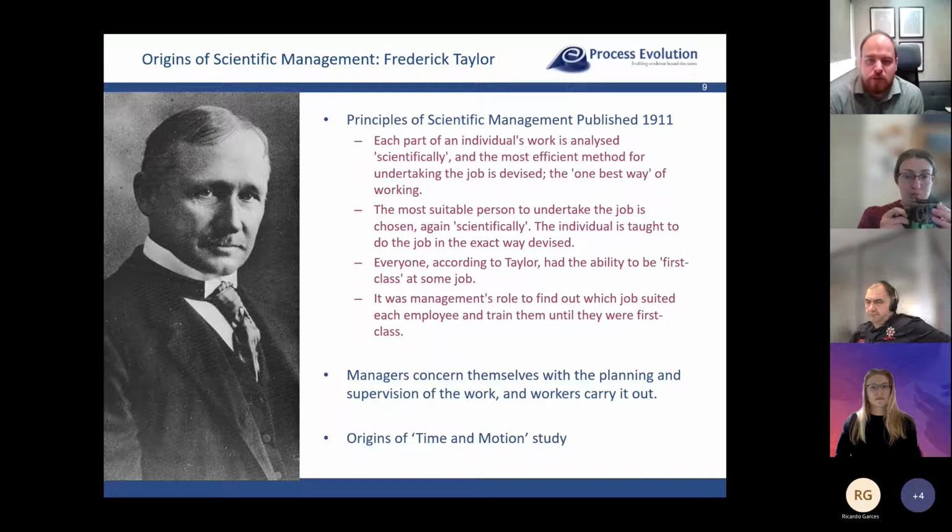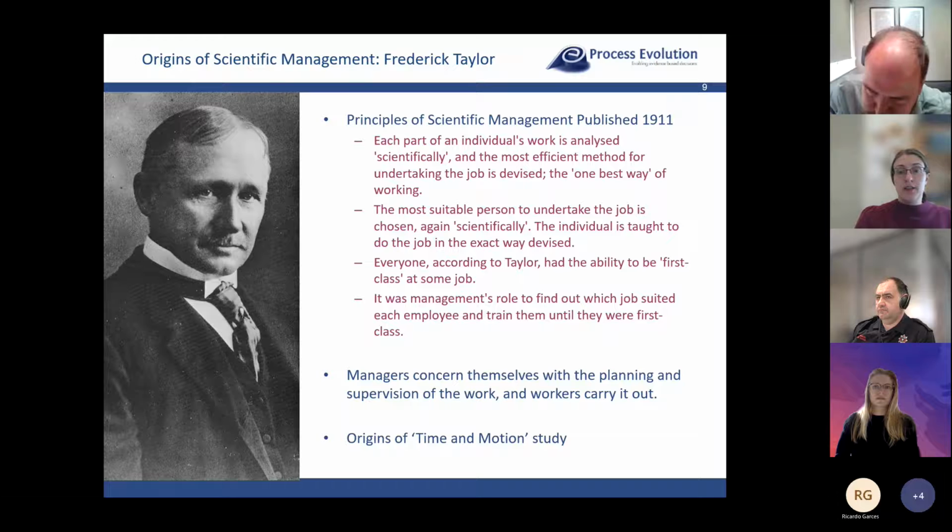In order to be first class at doing the job, everyone had that ability as long as they were following those processes. And very much this idea of management versus workers, and the management's role was to ensure that the worker trains and does things in a first class environment. Management plan and supervise, workers carry out.